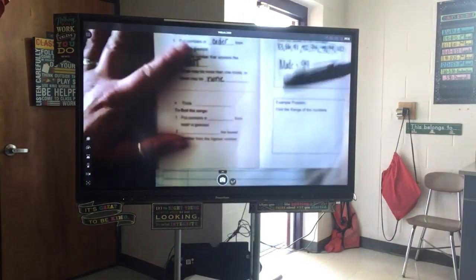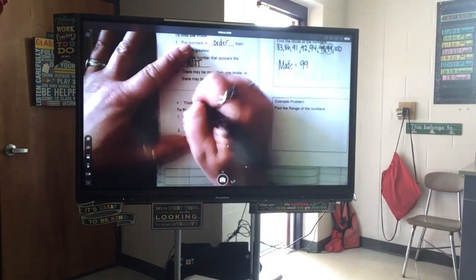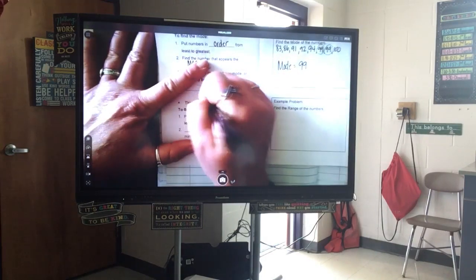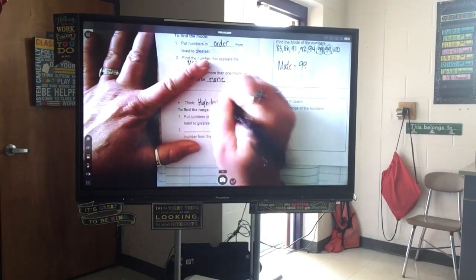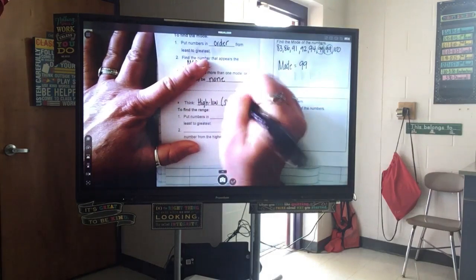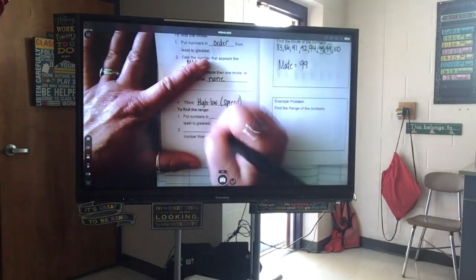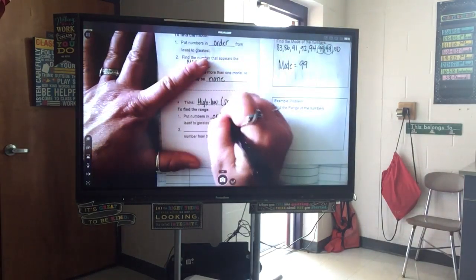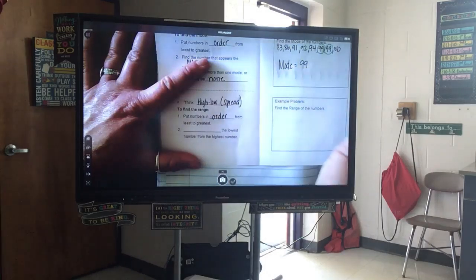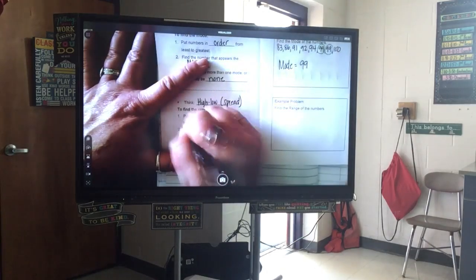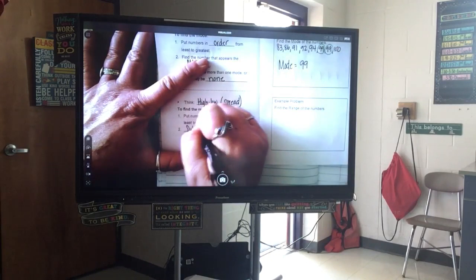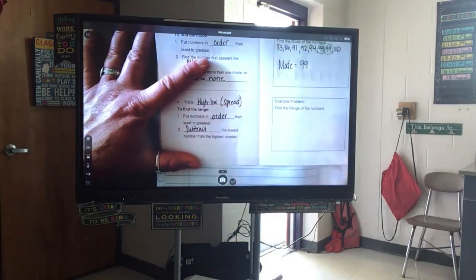All right, and then the last one is range. So think high minus low, or spread. So you're putting your numbers in order from least to greatest, and then you're going to subtract the lowest number from the highest number.